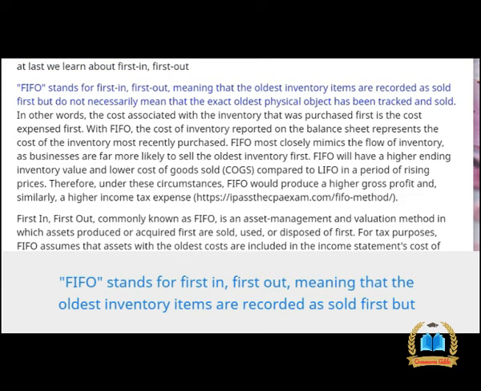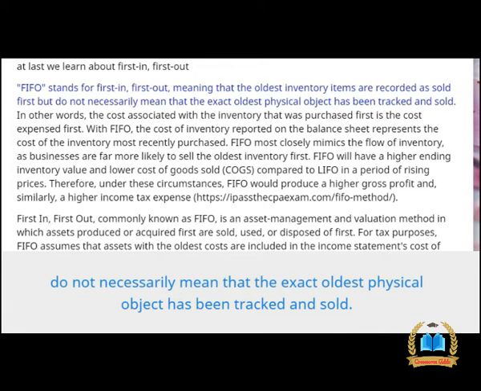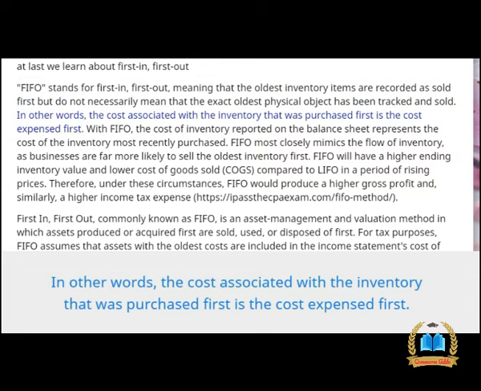FIFO stands for first in, first out, meaning that the oldest inventory items are recorded as sold first but do not necessarily mean that the exact oldest physical object has been tracked and sold. In other words, the cost associated with the inventory that was purchased first is the cost expensed first.